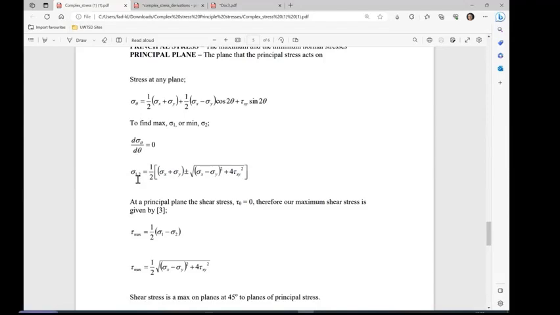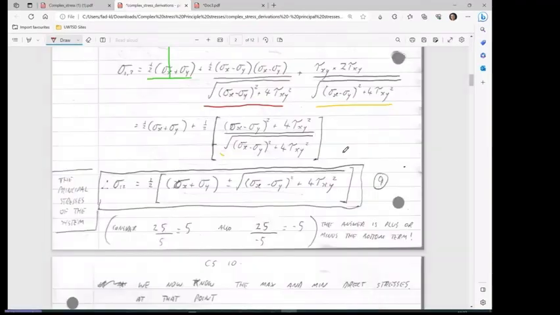The maximum stress, sigma 1, is when I take that term and add that term. The minimum principal stress, sigma 2, is when I take that term and subtract that term. You can see there's two solutions, as we would expect, one for sigma 1 and one for sigma 2. So we've now calculated the principal direct stresses on our principal planes.